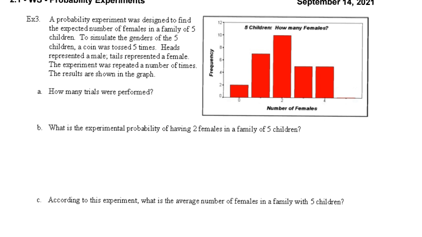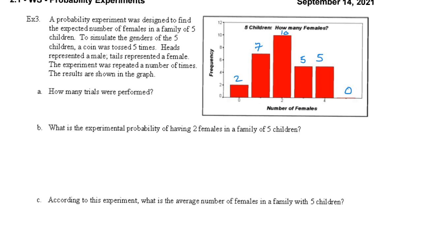So let's put the numbers for each one of those bars so it saves us some time later. We look at this histogram and tally all the frequencies. So we have 2, 7, 10, 5, 5, and 1. Let's make our life easy.